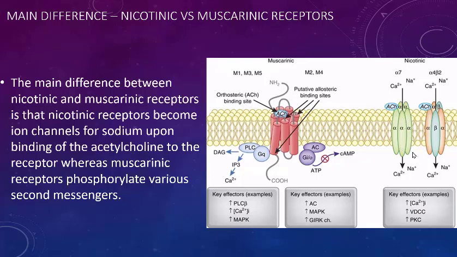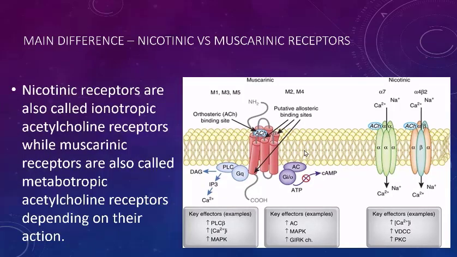Both are transmembrane, and nicotinic receptor actually activates the ionic channel, the sodium potassium, and here the muscarinic receptor actually activates the second messenger system. Nicotinic receptors are also called ionotropic acetylcholine receptors, while muscarinic receptors are also called metabotropic. Metabotropic receptors are acetylcholine receptors depending on their action.